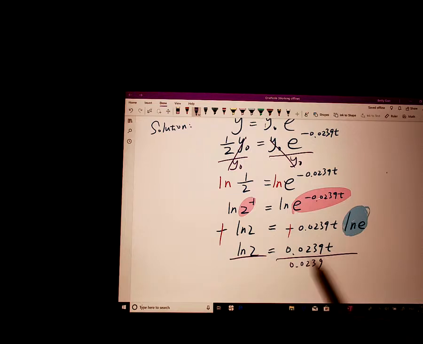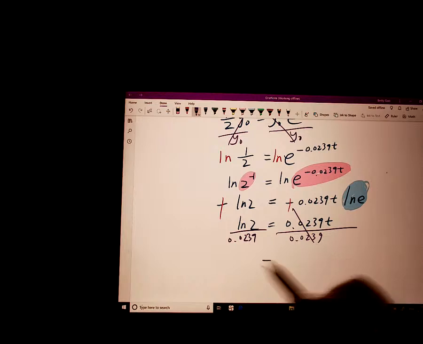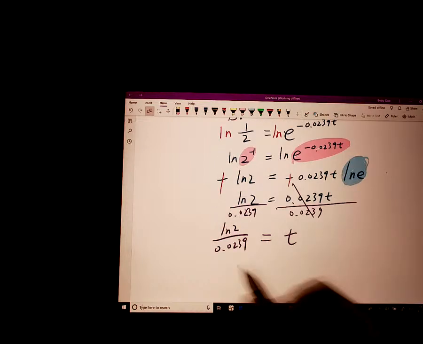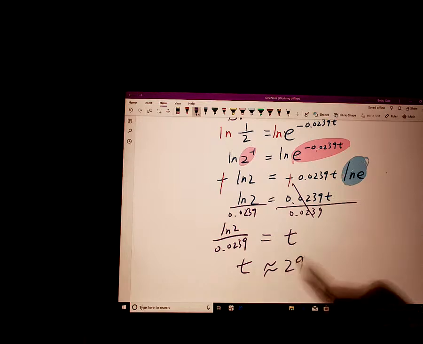We need to isolate t on one side of the equation. So we divide both sides by the coefficient of t, 0.0239. Then we have t equals ln 2 over 0.0239. Use your calculator. I have the result that is about equal to 29 years.